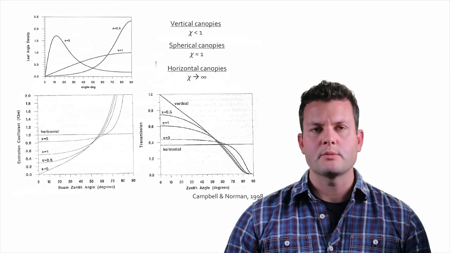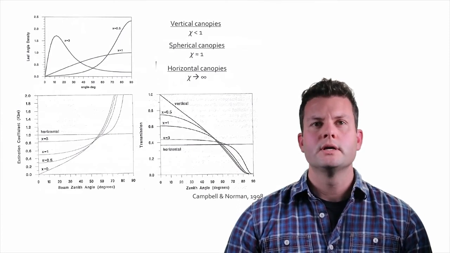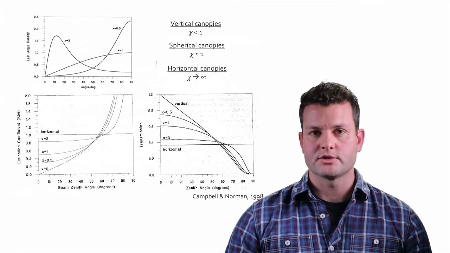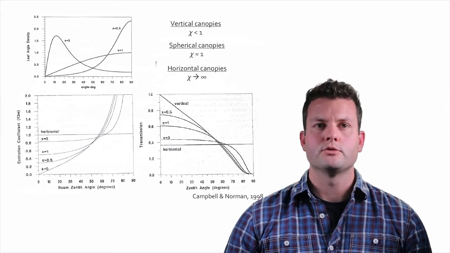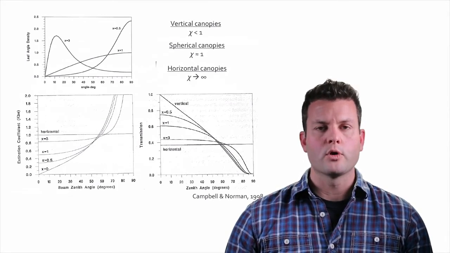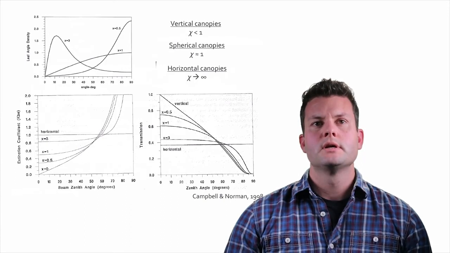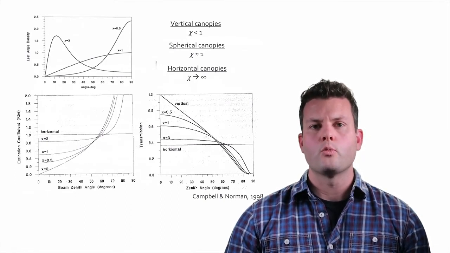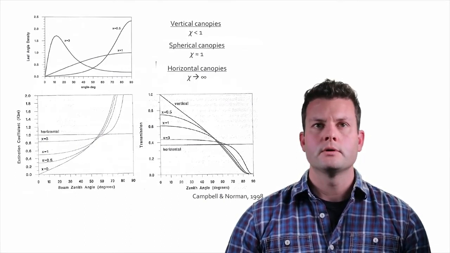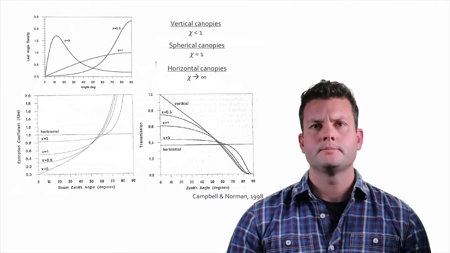So if we're dealing with a canopy that has a highly horizontal or highly vertical distribution, that's one thing. But if you're not working in either of those extremes, then a chi value somewhere around 1 is going to be adequate for your estimation of LAI.